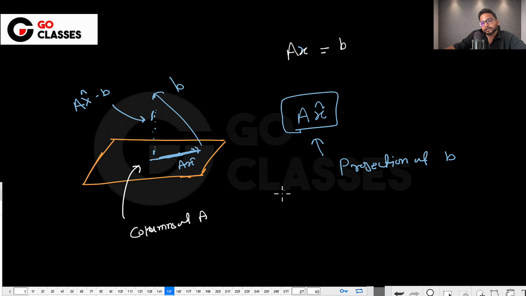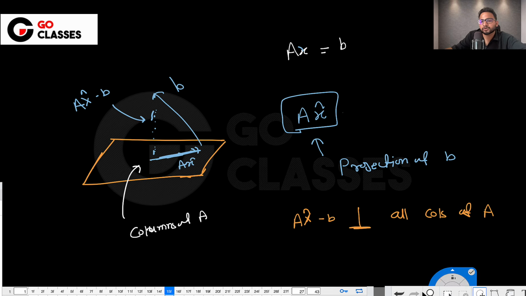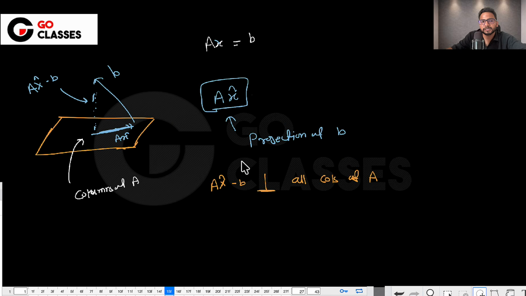So Ax cap minus B will be perpendicular to all columns of A, because this is how the construction is done. I'm telling you these things quickly because this is a question answer series and we have seen this in linear algebra. So A1, which is a column of A, A1 transpose into Ax cap minus B should be 0.